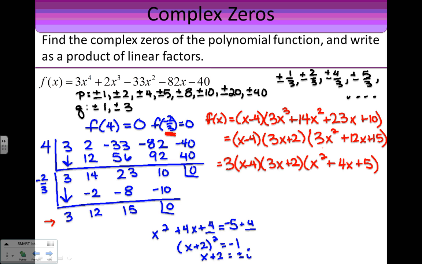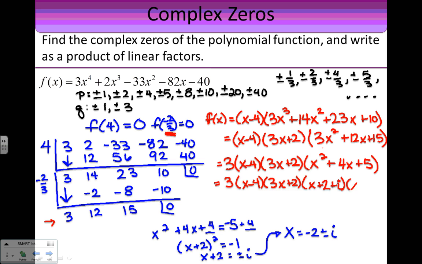The square root of negative 1 is i. And then I need to subtract 2 from both sides, so I get x equals negative 2 plus or minus i. So that means I can split up my x squared plus 4x plus 5 into x plus 2 plus i and x plus 2 minus i.